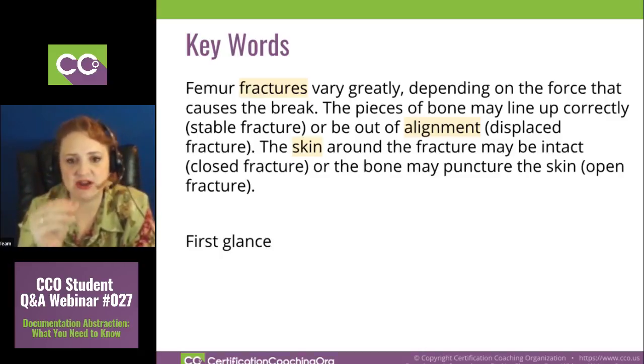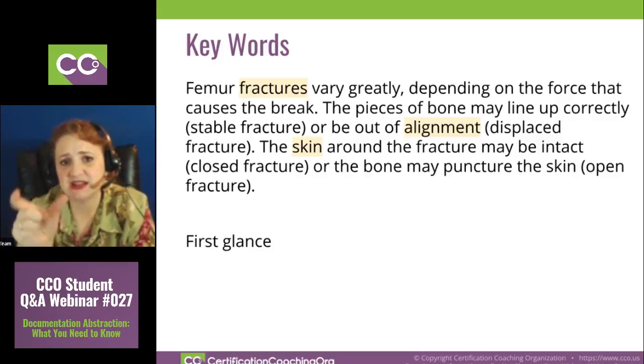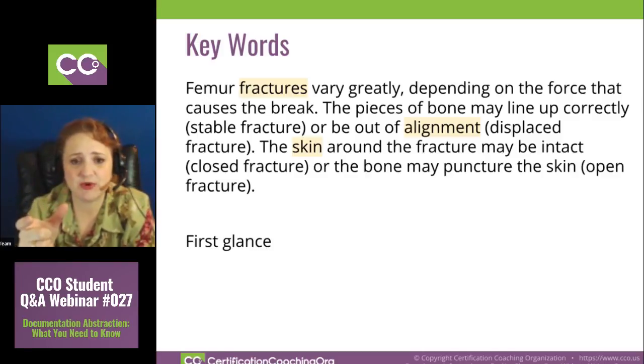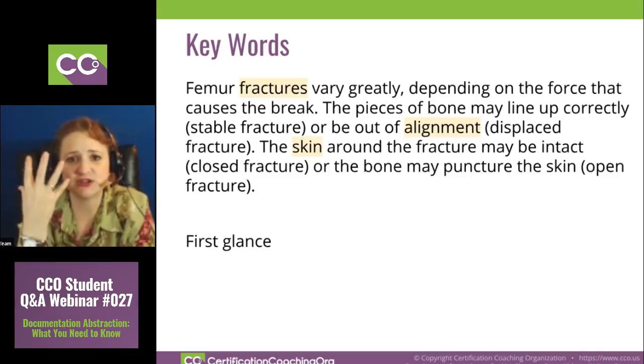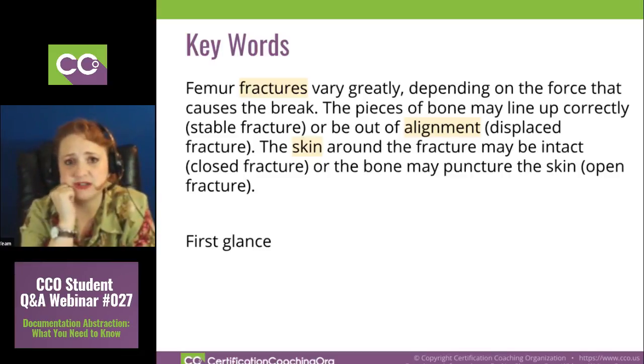So at first glance, I know this is about fractures. They're going to tell me about alignment, and there's something to do with skin, because what does skin have to do with a fracture? That should have leapt off of your page. Like, what? Skin? And also, anytime you see anything in parentheticals, that's going to be important. So first glance, that's what should leap up off the page at you. So if you're studying, that's how you do that.